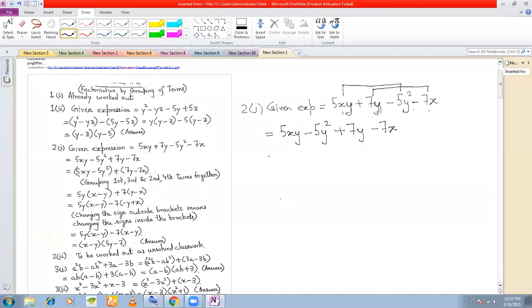Now we try this. Now from the first two, is there anything common? That is, what is the HCF of the first two? If you see, the HCF of the first two is 5y. And from 5xy, if you are taking out 5y, you need to divide 5xy by 5y to get simply an x, minus, and 5y squared divided by 5y will be simply y, right?